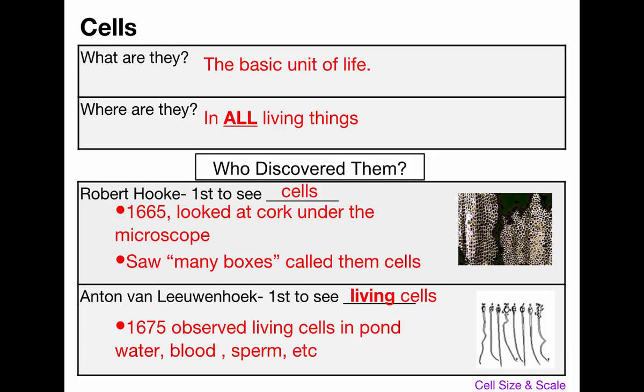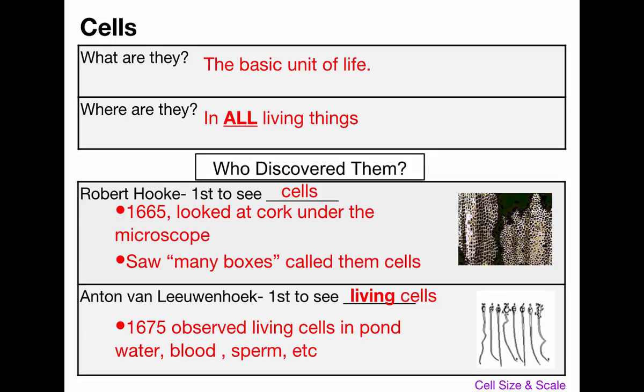Leeuwenhoek was kind of an interesting guy. He was very, very secretive, and he was able to produce very high-quality lenses using techniques that nobody knew about. He wouldn't show anybody how he made these lenses. But he was able to see things that no other scientist was able to see.